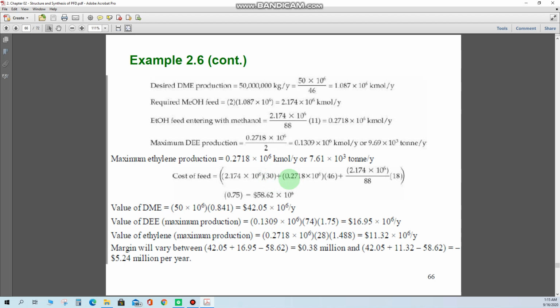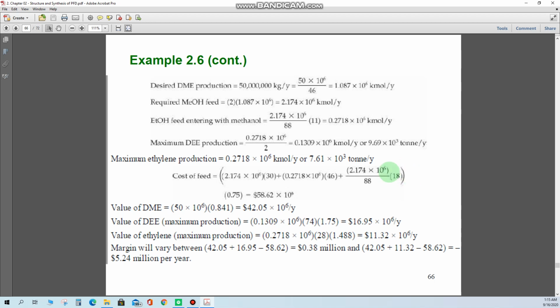Then we can have the ethanol here from this stream. We can multiply with the molar mass of this ethanol. Then we can have some water that is being supplied into the process. 88% represents the methanol, and 18 represents the molecular weight of the water. And then we can multiply this with the factor 1%, which is the amount of water present in the mixed stream.